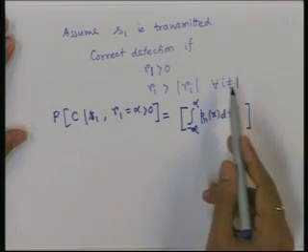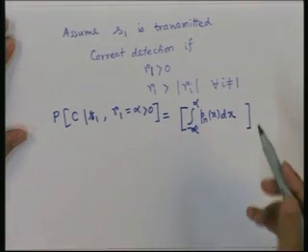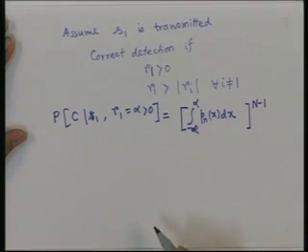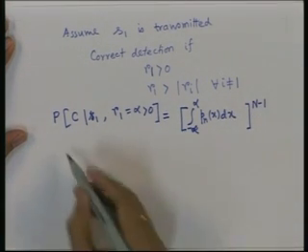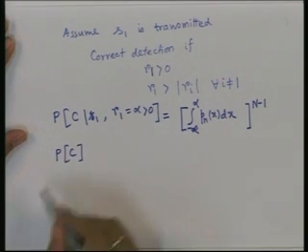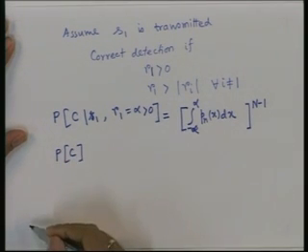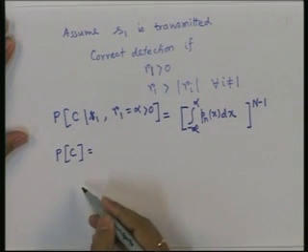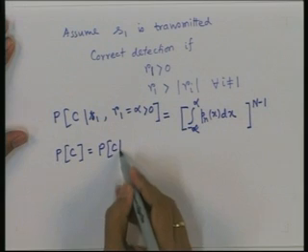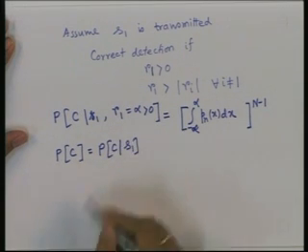So, excluding 1 there are n minus 1 other dimensions. So, n minus 1 is the power. So, probability of correct detection is known to be probability of correct detection given that S1 is transmitted.